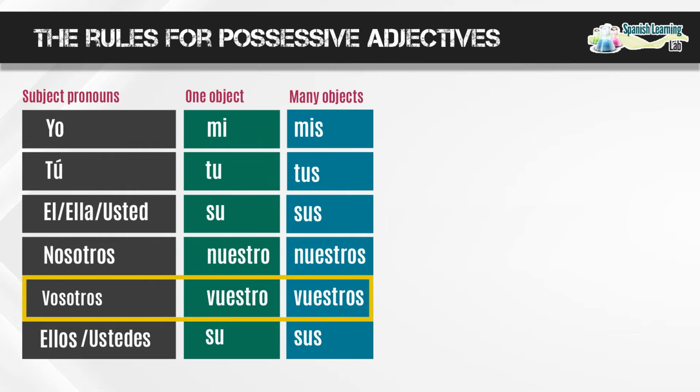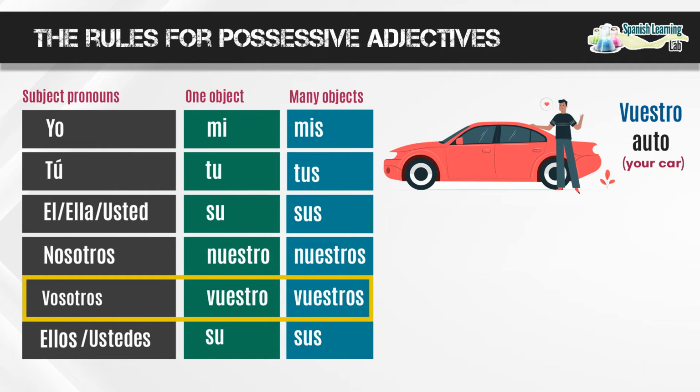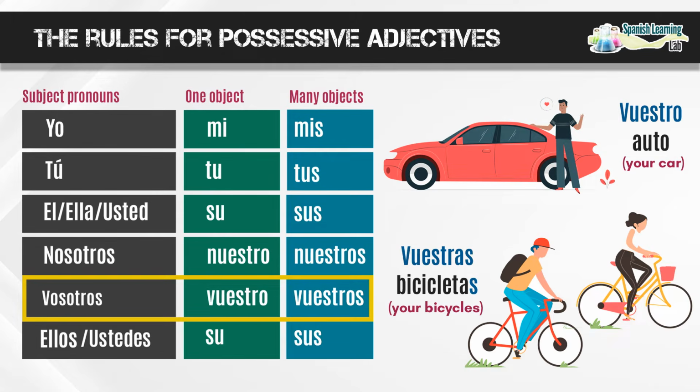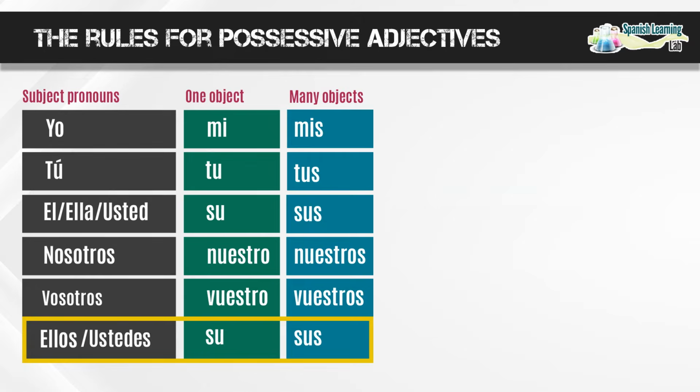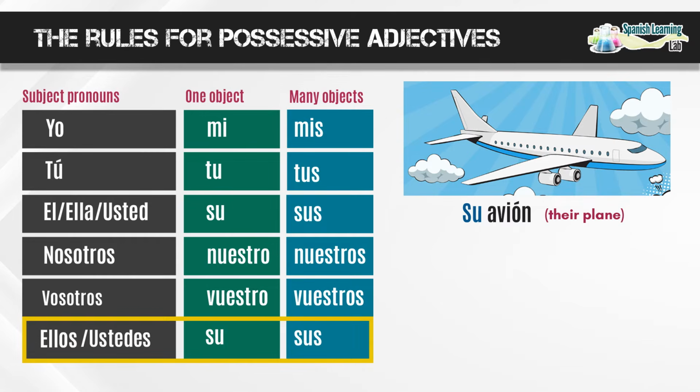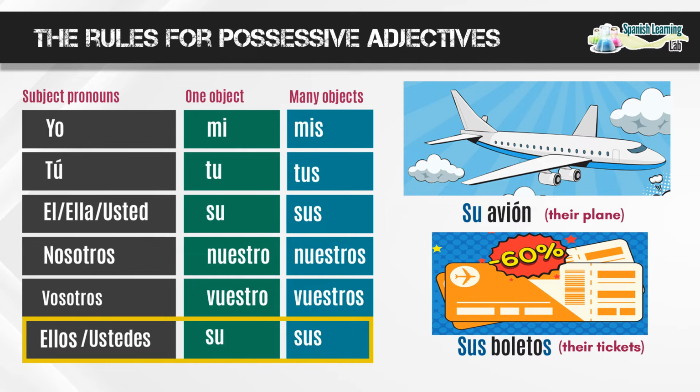For something that belongs to vosotros, we will use vuestro or vuestros, as in vuestro carro and vuestras bicicletas. Finally, for something that belongs to ellos, we will use su for one object and sus to refer to several objects, as in su avión and sus boletos.